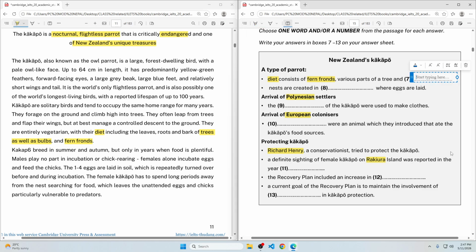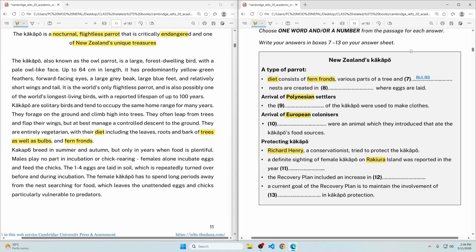So our answer for question number 7 will be bulbs. I don't think I need to explain beyond this, right? We have leaves, roots and bark of a tree, or various parts of a tree, as well as bulbs. So I think the answer is quite straightforward, right?